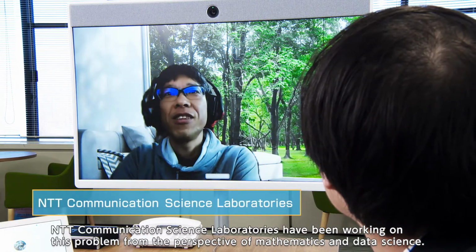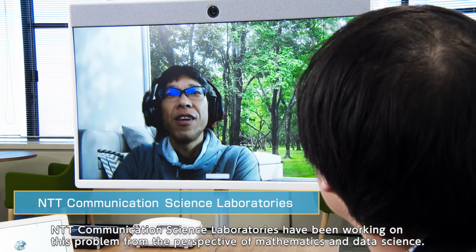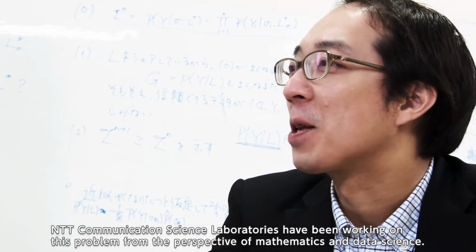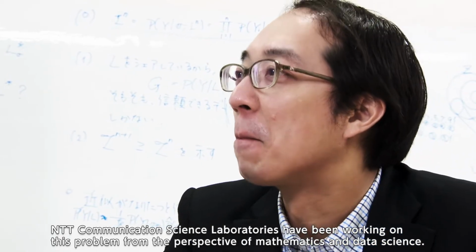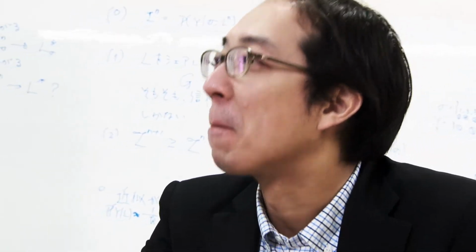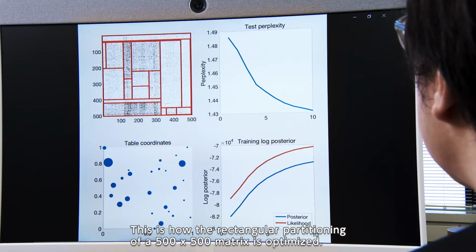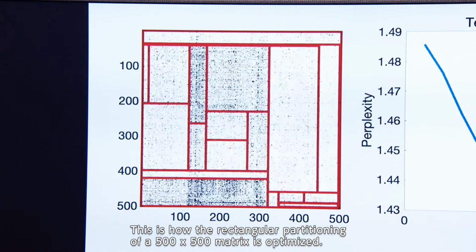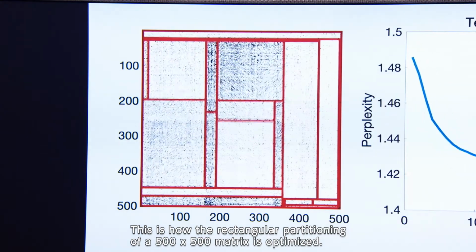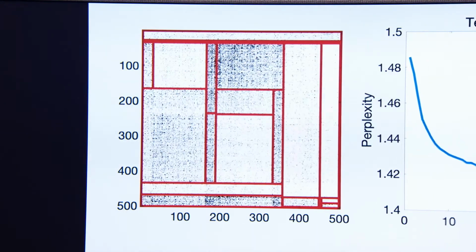NTT Communication Science Laboratories have been working on this problem from the perspective of mathematics and data science. This is how the rectangular partitioning of a 500 by 500 matrix is optimized.